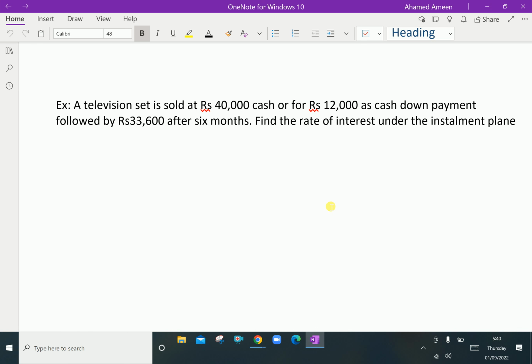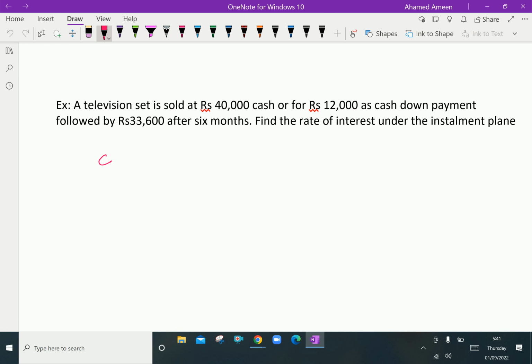Now let us start this problem. First, the cash price of the television is rupees 40,000.